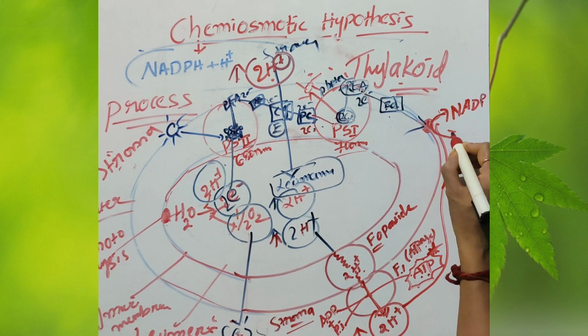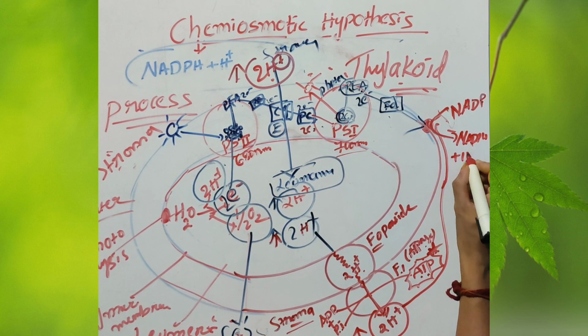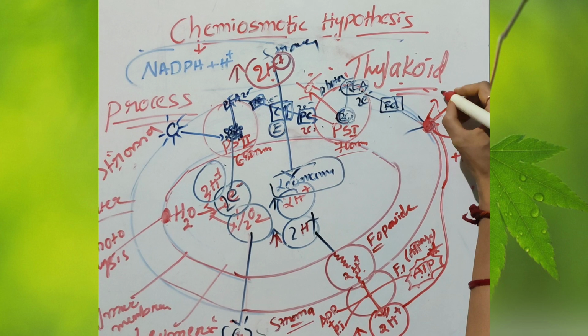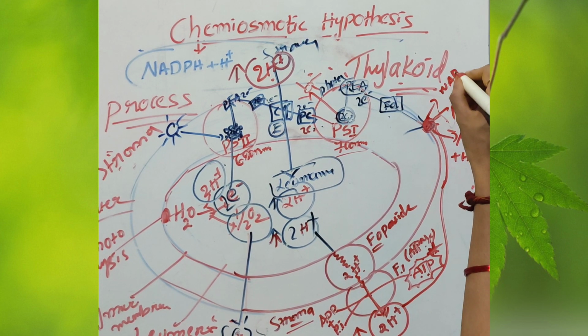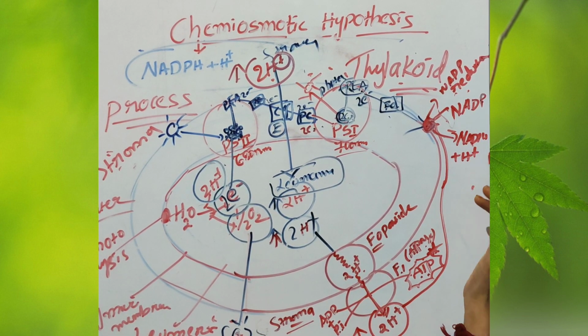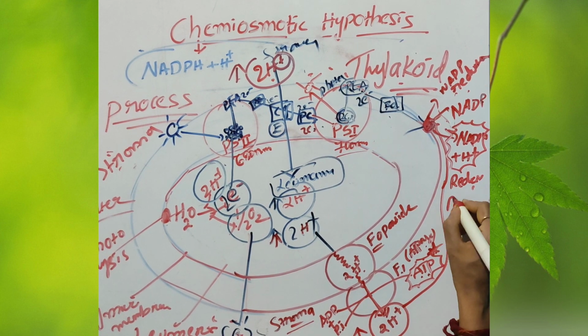NADP is converted into NADPH plus H plus with the help of NADP reductase. This is called the NADP reductase enzyme. So what is the application of the NADP reductase enzyme? Synthesis of NADPH. This is called reducing power.